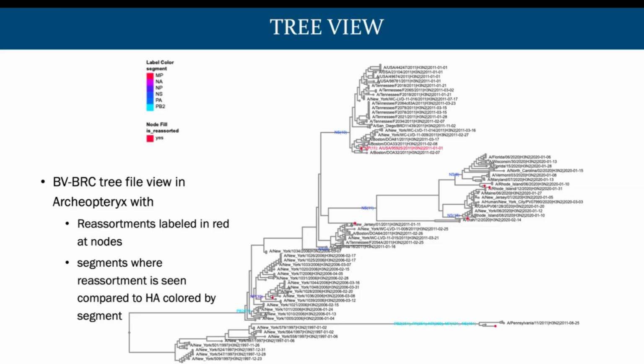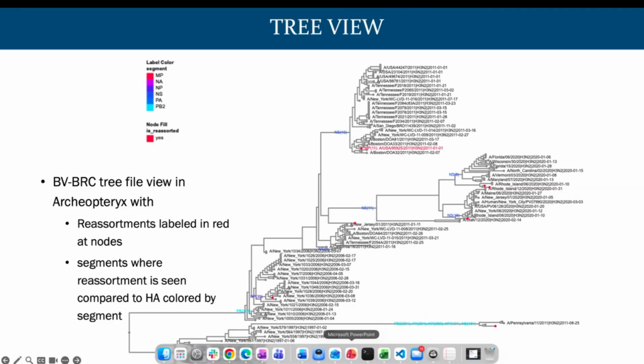I left this intentionally zoomed so the node isn't present, to tell you to play around with Archaeopteryx. If something doesn't look how you expect, it might just be that things aren't zoomed all the way. Archaeopteryx has that flexibility for you, so I encourage you to try that out.